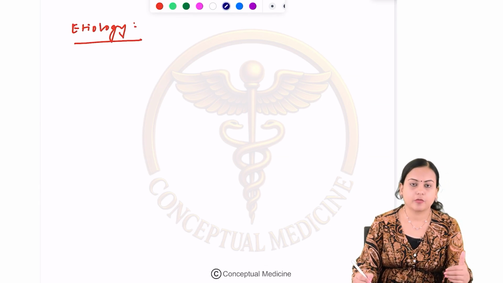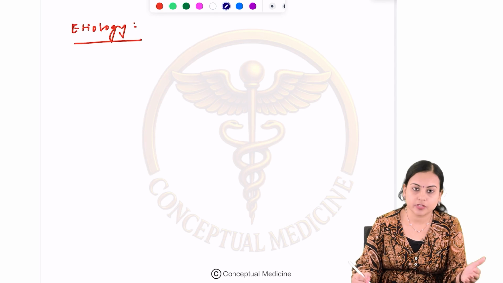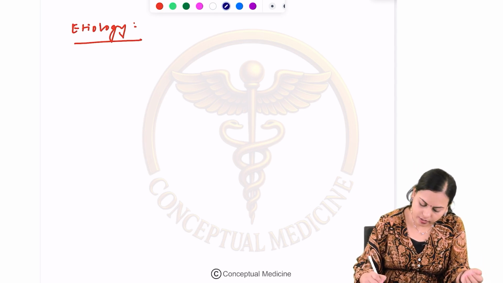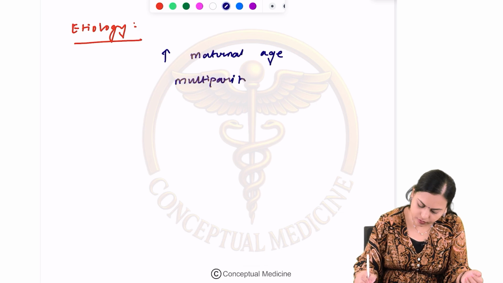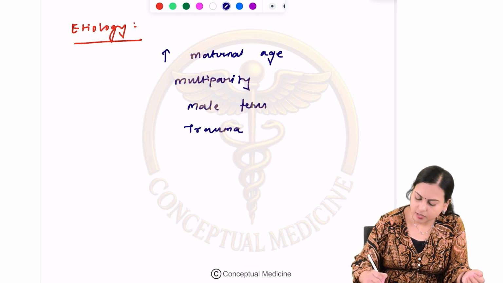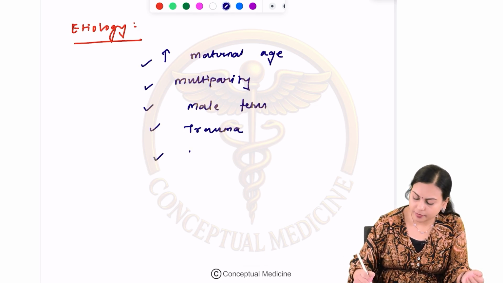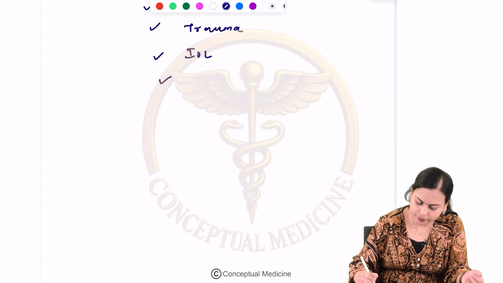Usually, amniotic fluid embolism occurs with an unpredictable risk factor. But the possible risk factors can include increased maternal age, multiparity, male fetus, trauma. Sometimes induction of labor has also an association with amniotic fluid embolism.